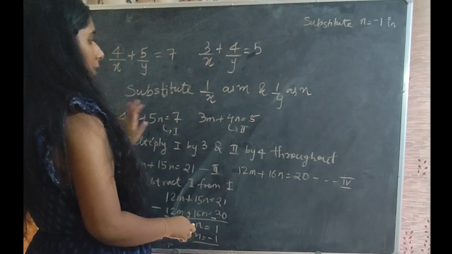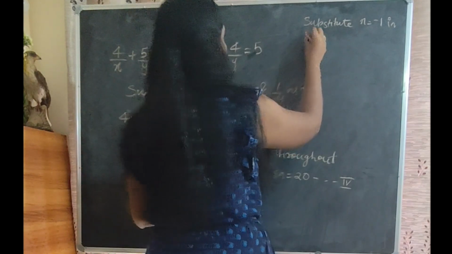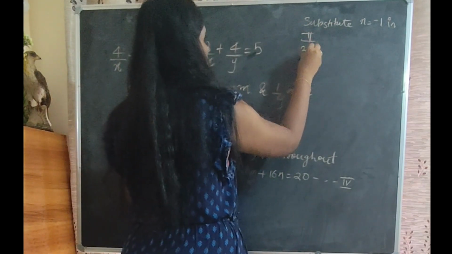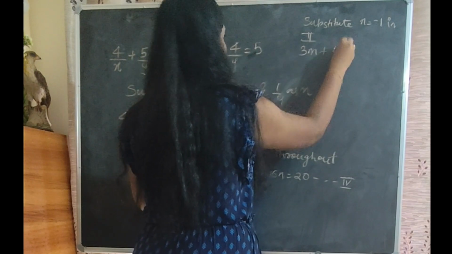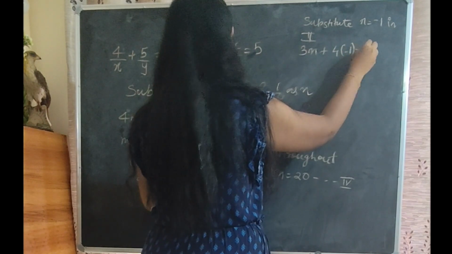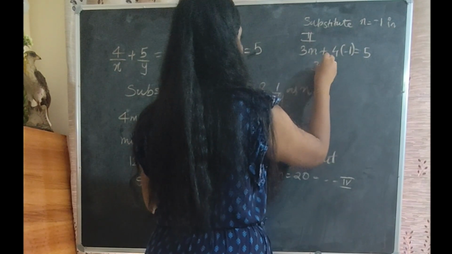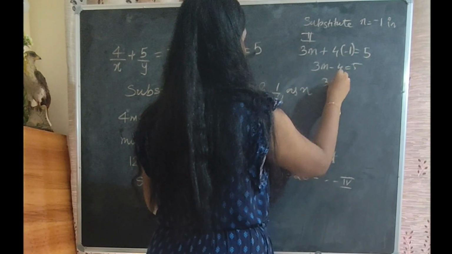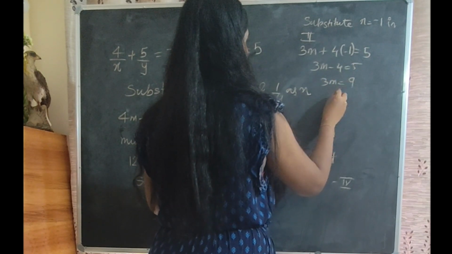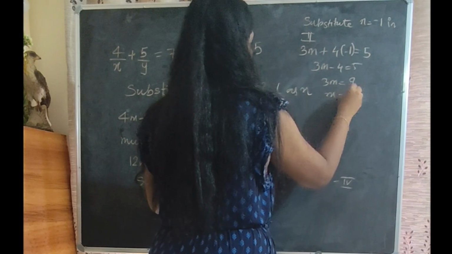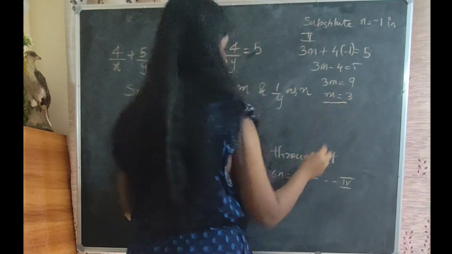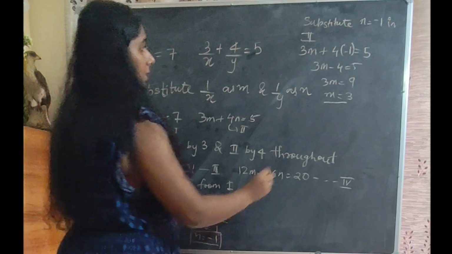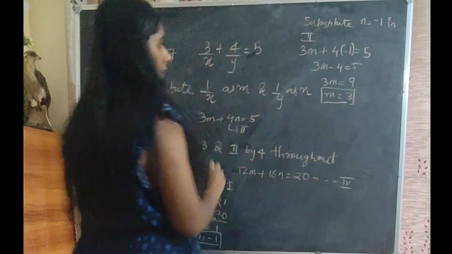So if we substitute in equation 2, we get 3m plus 4 into minus 1 is equal to 5. So 3m minus 4 is equal to 5. So 3m is equal to 9, and m is equal to 3. So m is 3 and n is minus 1.